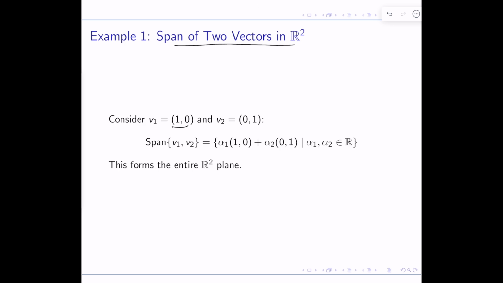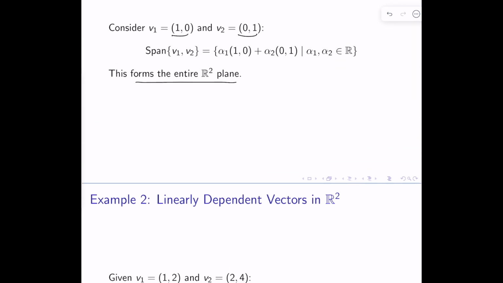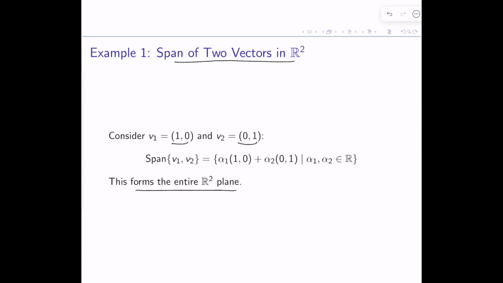If you see the span of (1, 0) and (0, 1), the span is nothing but the linear combination of these two vectors, and this will generate the entire R2, right? Another example: these vectors are linearly independent, because you cannot generate the quantity 1 in the first tuple with the help of 0.